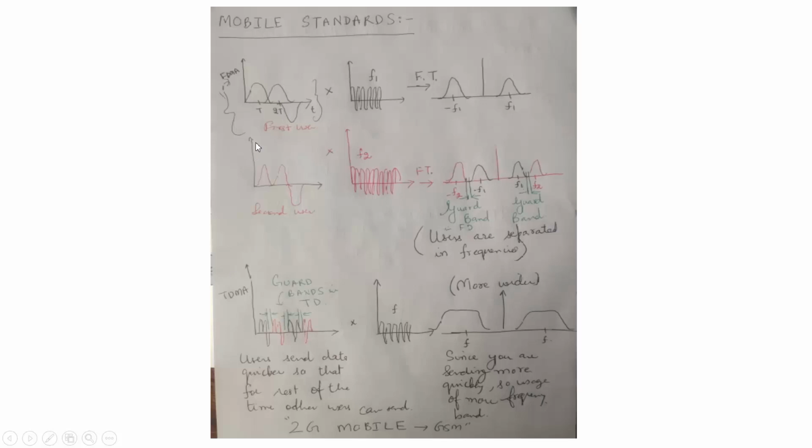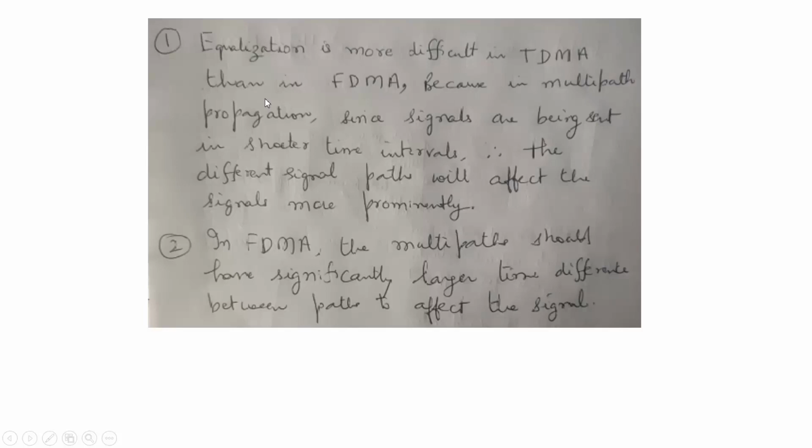So equalization is easy in frequency division multiple access, whereas in TDMA, since the time slot allocated to one user is shorter because we are sending at a higher rate, TDMA is more prone. The equalization to be done in TDMA is a little more difficult, because in multipath propagation, since signals are being sent in shorter time intervals, the different signal paths will affect the signal more prominently in TDMA.